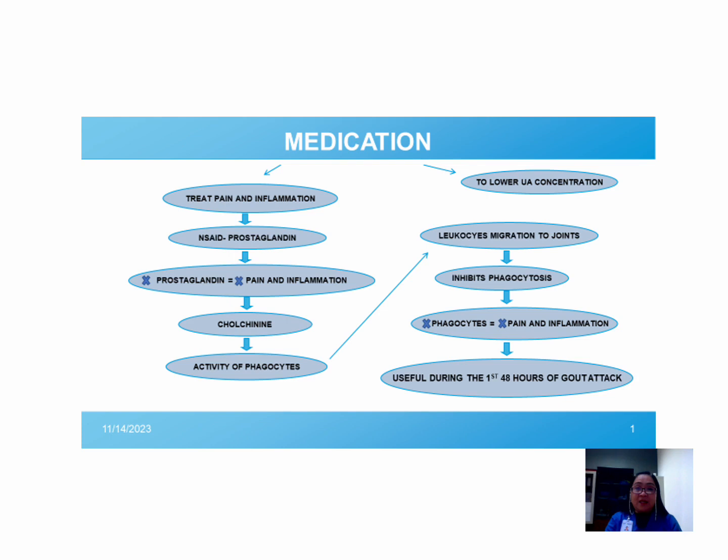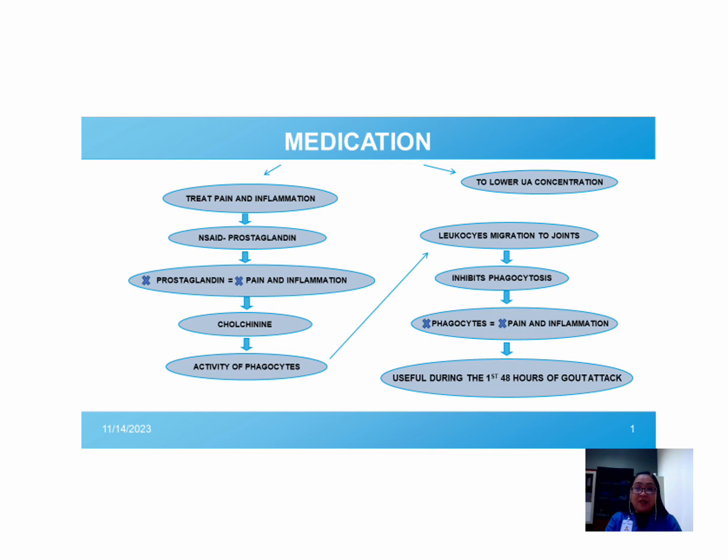To treat pain and inflammation, the first drug of choice is NSAID. What is its action? Once the patient has taken the NSAID, there will be inhibition of prostaglandin synthesis. So what are prostaglandins?